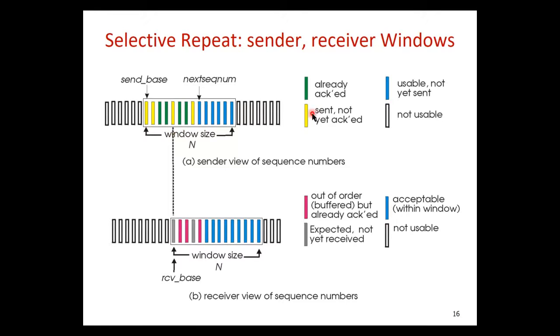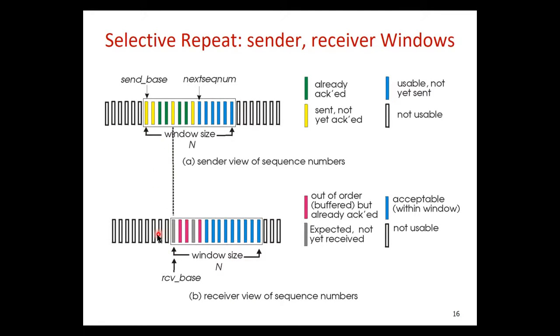And that's why we have a third type, the already ACKed packets, shown in green at the sender. Any question here on the sending window for selective repeat? Okay, if not, then let's look at the receiving window.